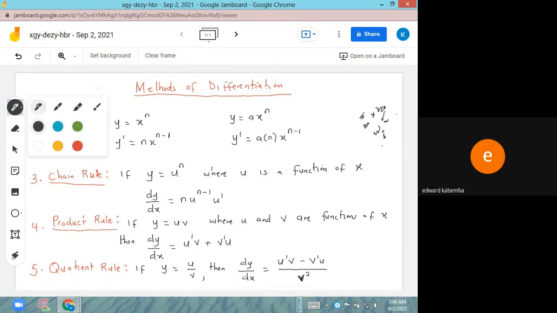Sir, on the power rule, on the y prime, why are we only differentiating x? What about a? Why are we not differentiating it? It's a constant. It's just a coefficient here. If you try to use product rule, the other piece will be 0.